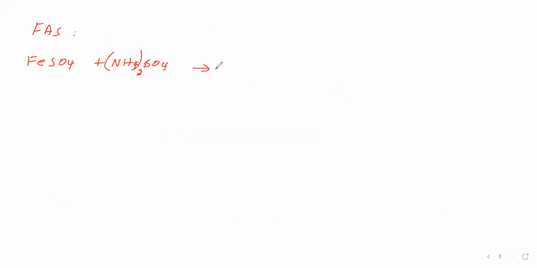Then both solutions are mixed with each other, and the mixture is allowed to crystallize. After crystallization, we get crystals. The crystal formula is FeSO4.(NH4)2SO4.6H2O. It is called FAS crystals. It is a double salt.